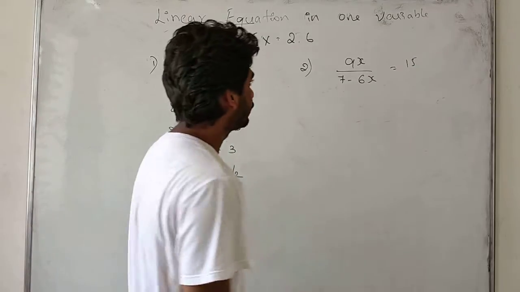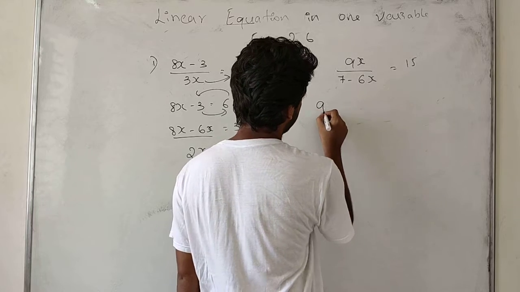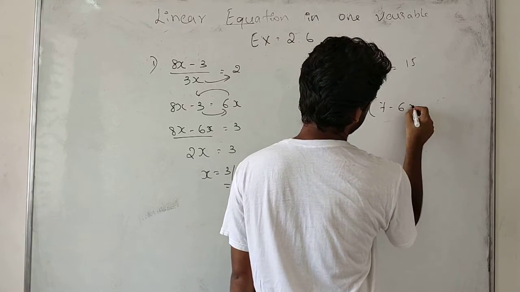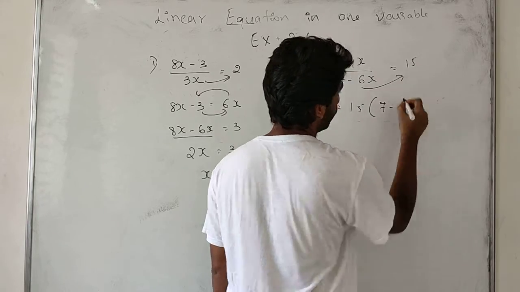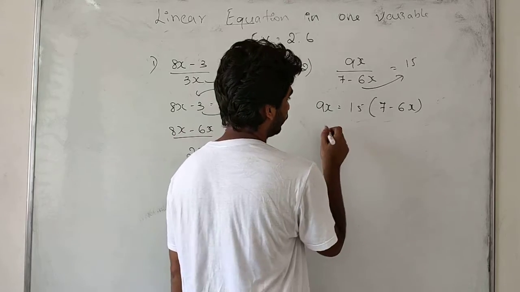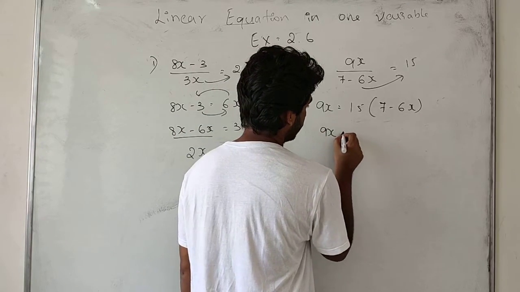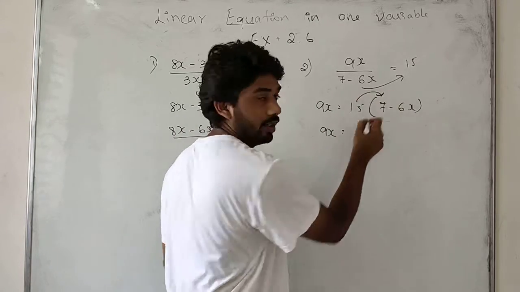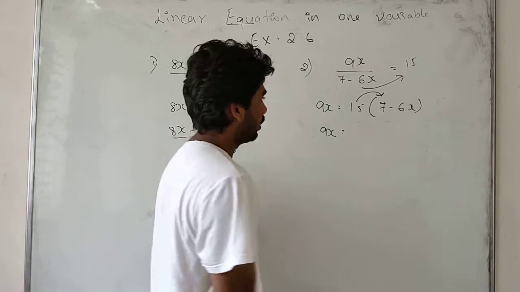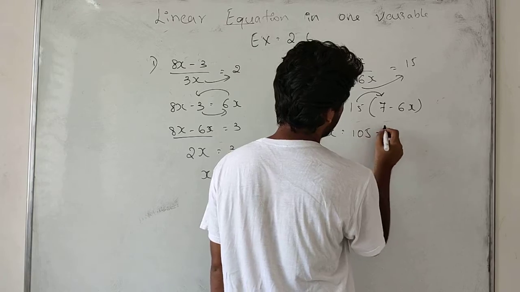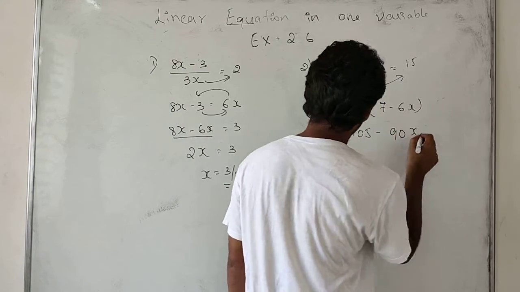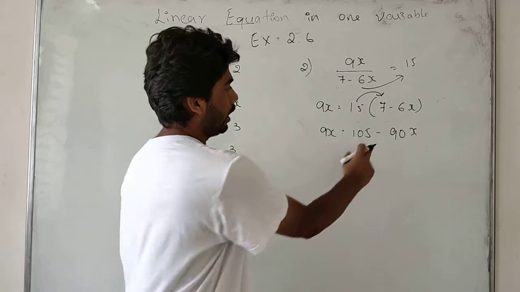So next problem. We take 9x is equal to 15 into 7 minus 6x. If you take it this way, the solution will be like this. 9x is equal to, I will multiply inside: 15 sevens are 105, 15 sixes are 90x. So I will take x on this side.